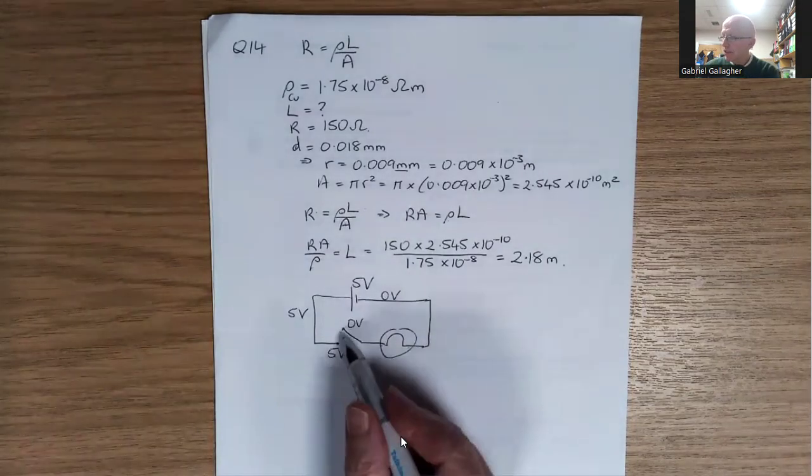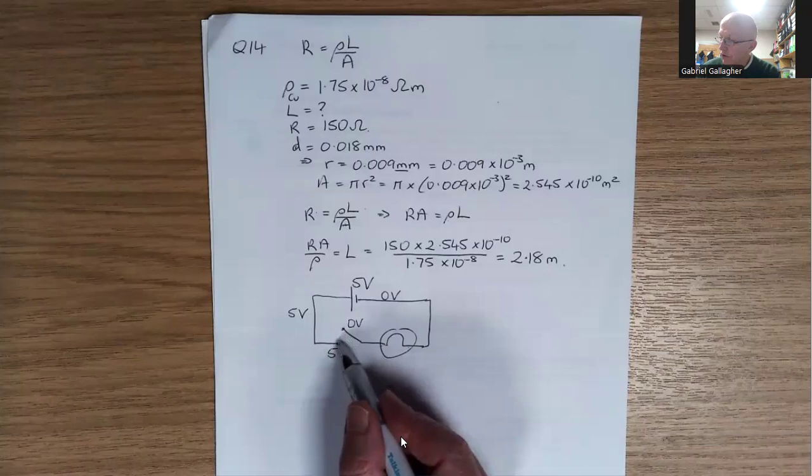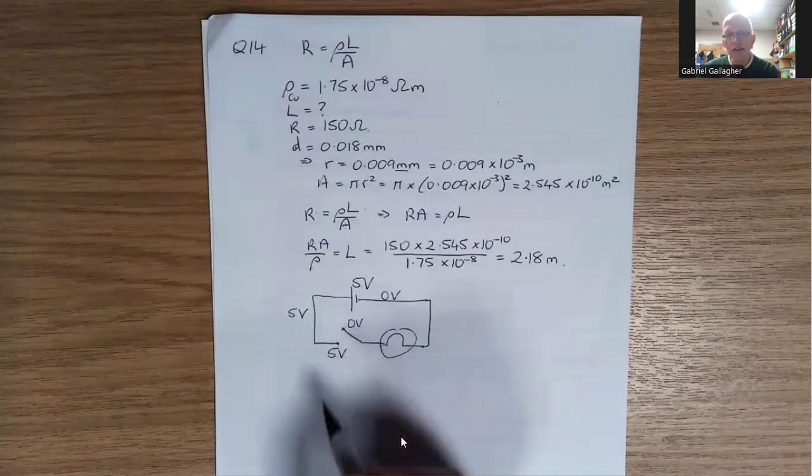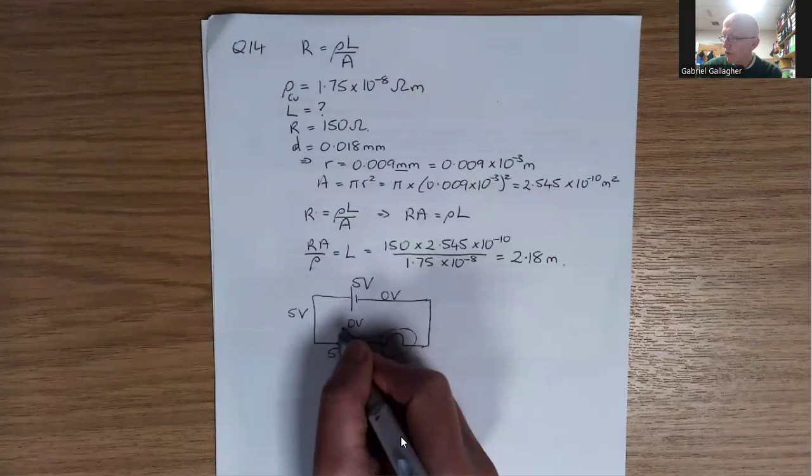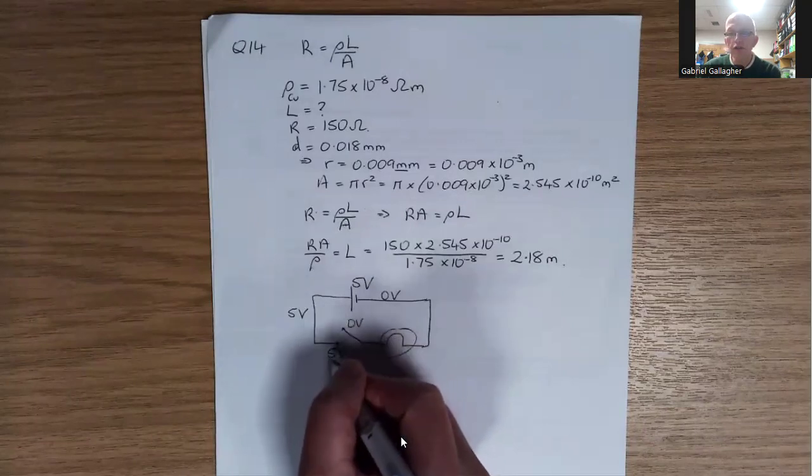Now, one of the implications of that is, as you push the switch closer and closer to making contact, when they're very, very close, a voltage over a very narrow gap creates what's called a large electric field, and that can cause a spark. So you quite frequently get sparking whenever you flick a switch.